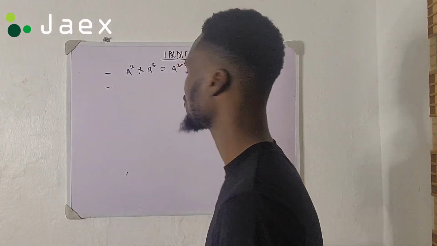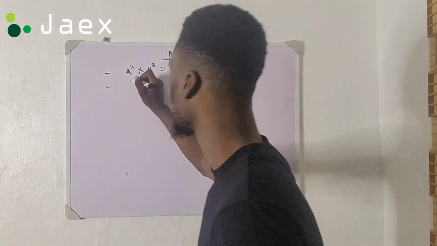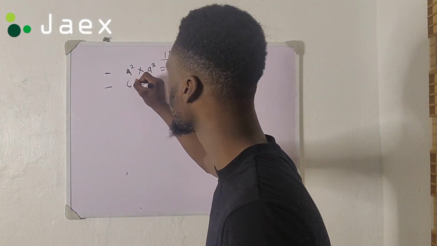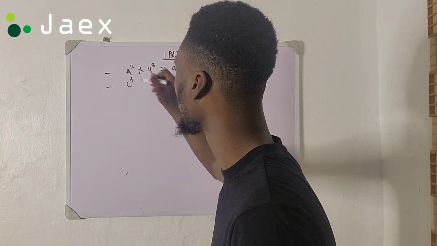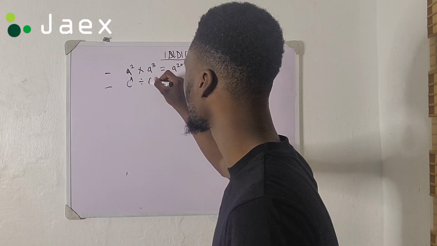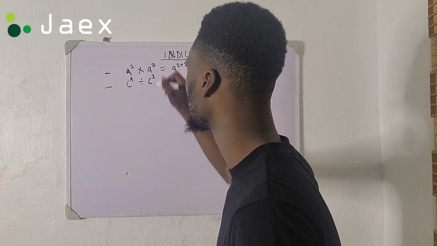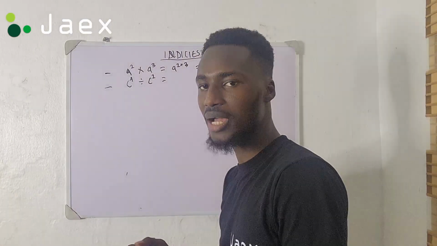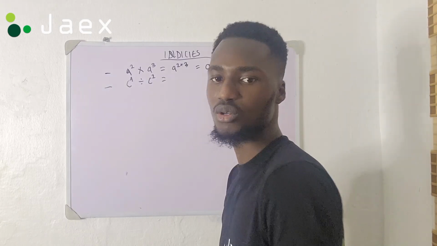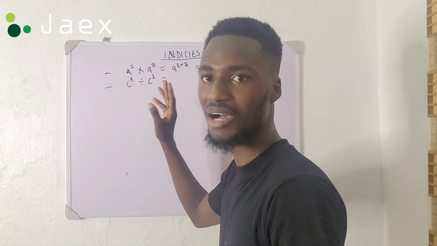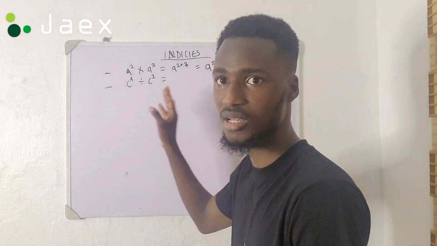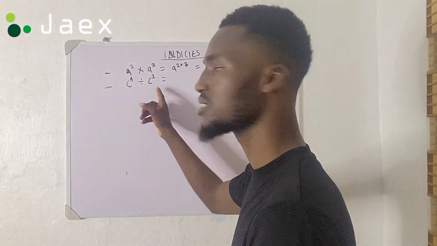Now, for the second law of indices, we have, if we are given c raised to the power 4 divided by c raised to the power 2. Anytime you are dividing 2 alphabets or 2 numbers, that is the key there, they must be the same.